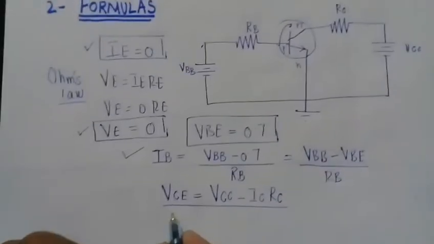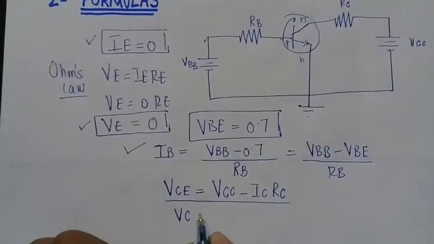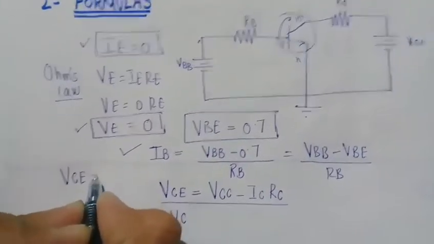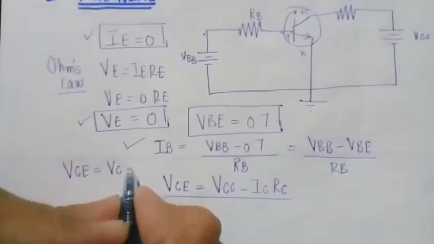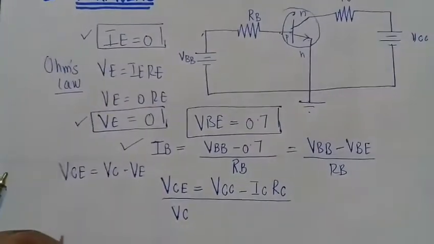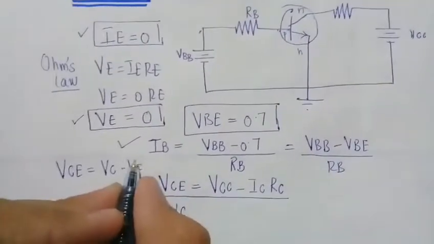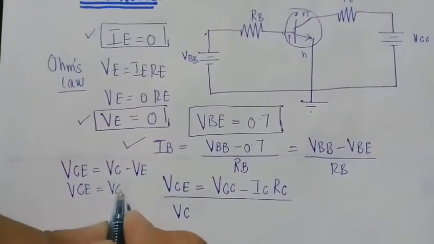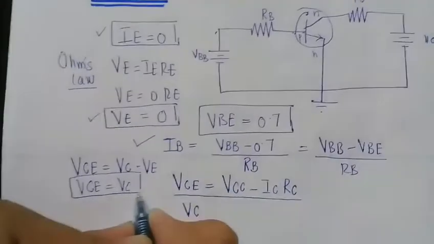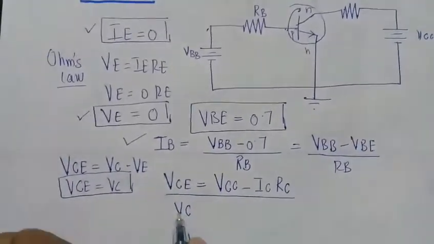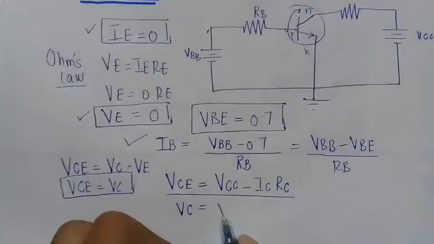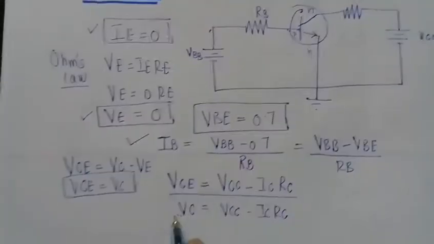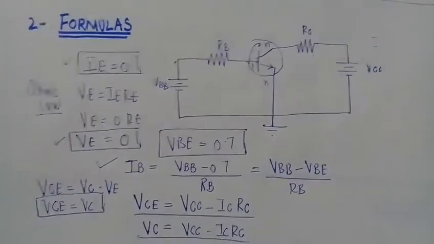But we have to find VC only, and we already know that VCE will be equal to VC minus VE, and here VE will be equal to 0, so VCE will be equal to VC. So the formulas of VCE and VC are equal, VCC minus IC into RC, both have the same formula.